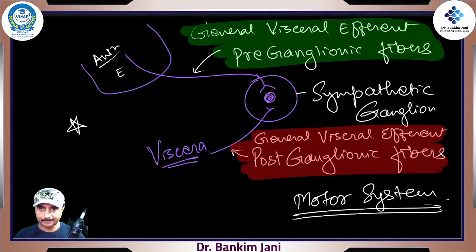All good? Even the slightest doubt, let me know. Because once this concept is good, you'll be the boss. In neurophysiology, all the confusions occur because of these statements, these words. So any problem, any confusion, even if it is slightest, let me know. All good?